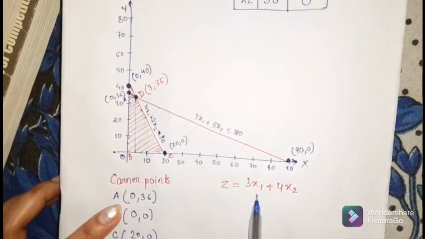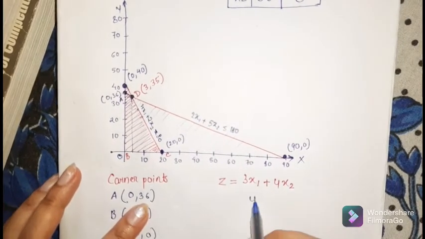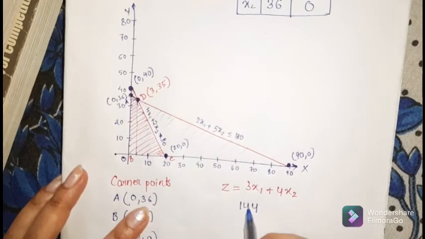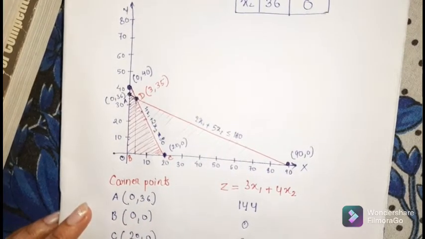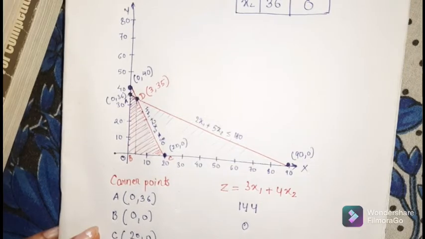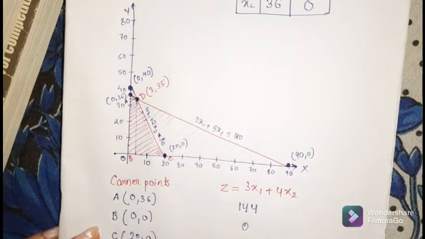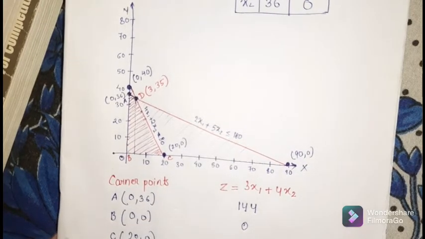The value of z is 144 at A, 0 at B, 60 at C, and 9 plus 140, which is 149, at D.